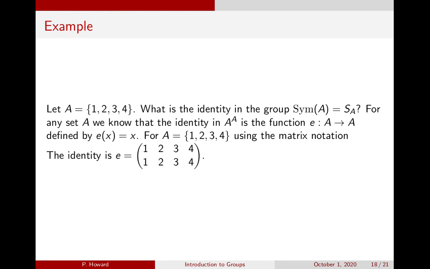So we know that the set Sim A does contain an identity element.